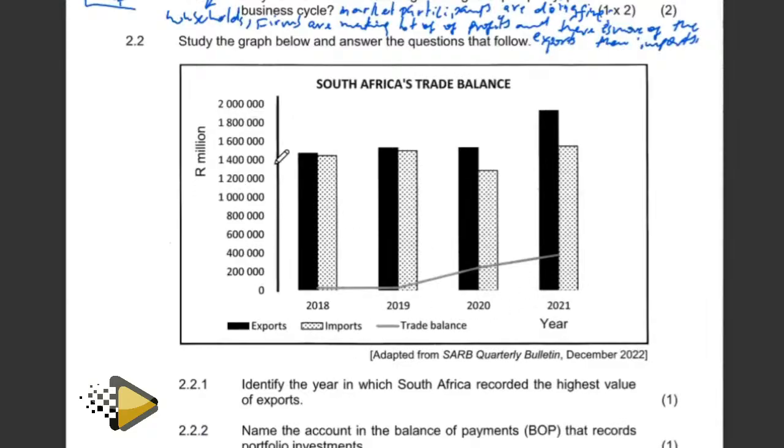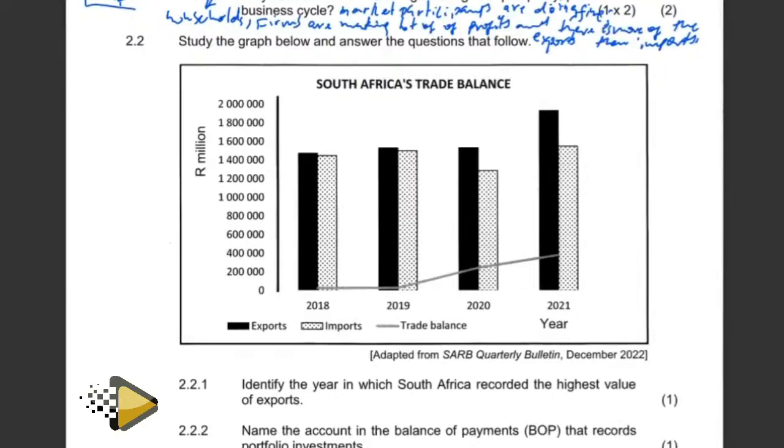So if we check on our y-axis, we have monetary value in millions, and on our x-axis we have the number of years from 2018 up until 2021.